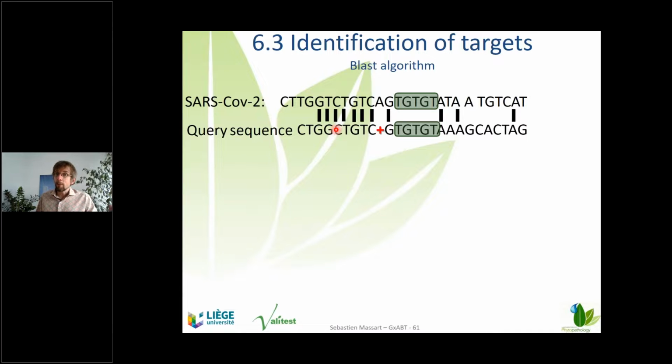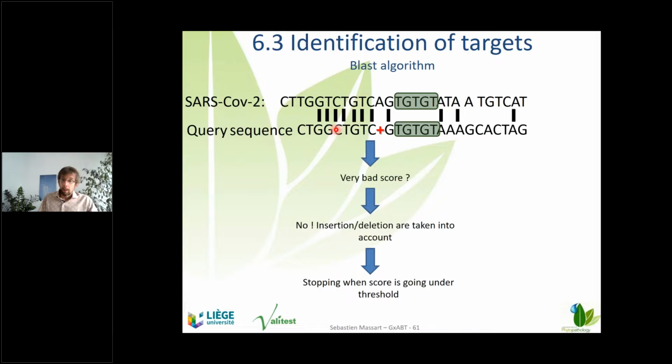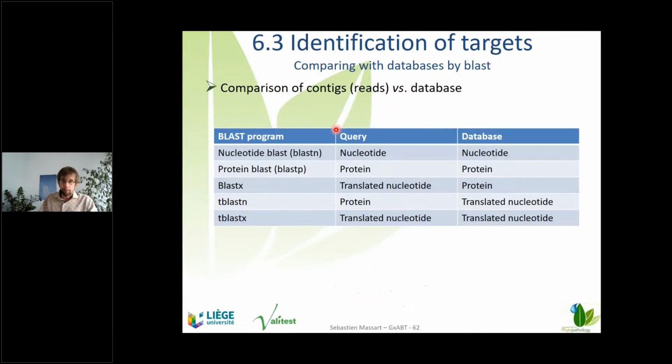And the score, this is what I mean by the importance of the parameters used. What would be the minimal score that you will take into account for your analysis? BLAST will stop when the score goes under its own threshold, and afterwards you will see whether this threshold is fine for you or not. I won't go into details, but a key parameter that is used is the e-value.